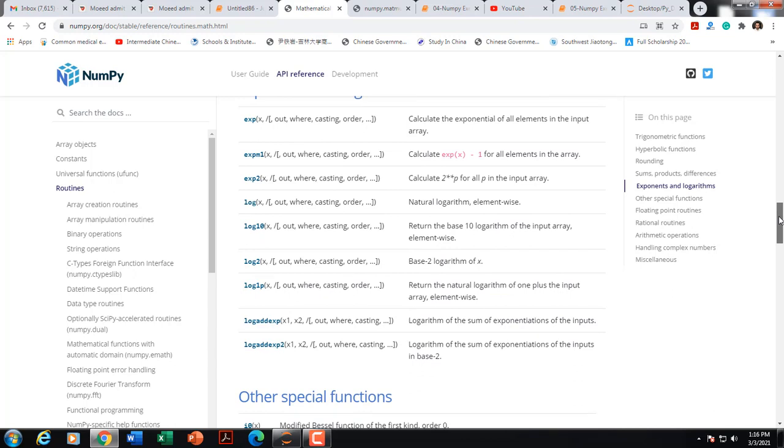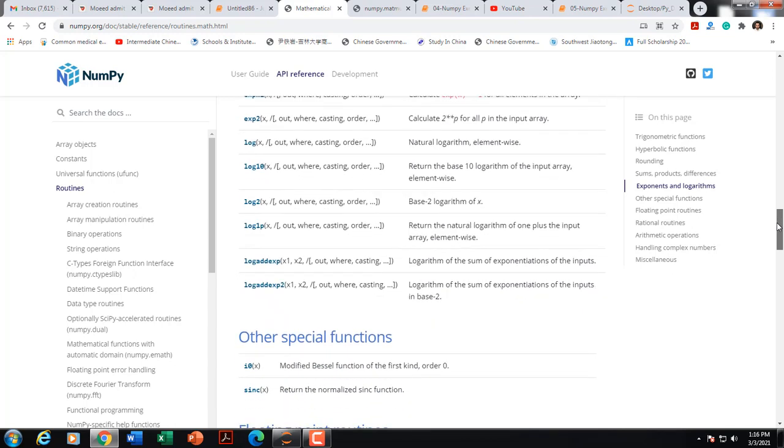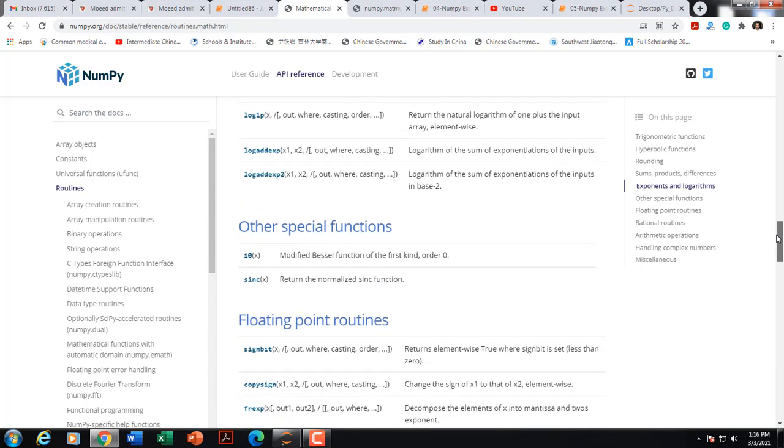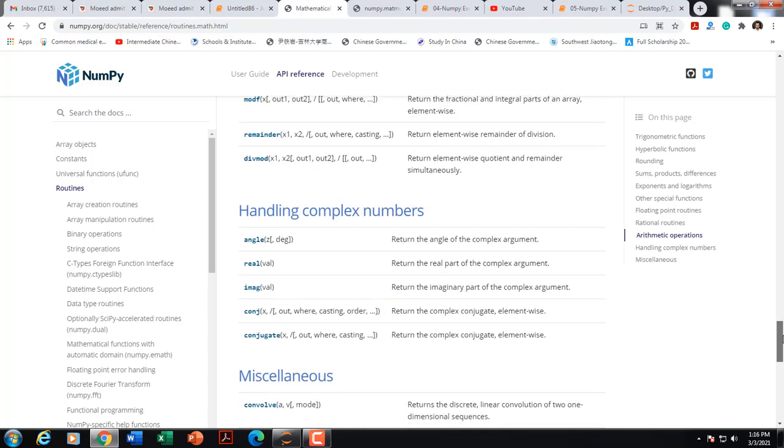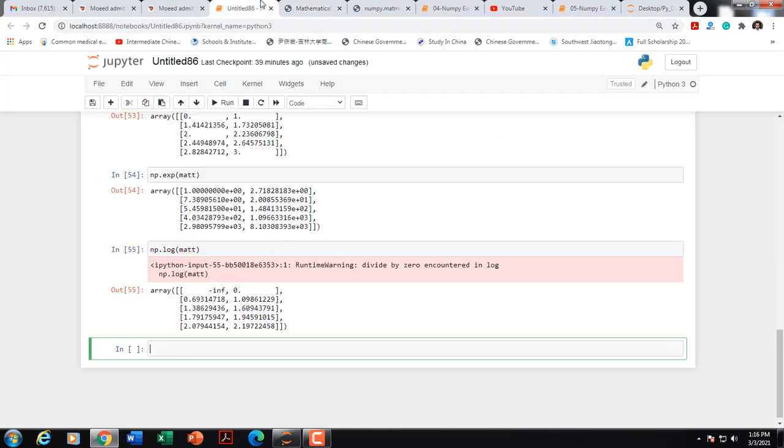The log 1, log 2, you guys can practice them at your time, but it's pretty straightforward. You just pass in the operator and give it a few arguments, and the rest NumPy will do for you. So these are just a few operations that I went over, and this is how multiplication, addition, subtraction can be carried out in NumPy.